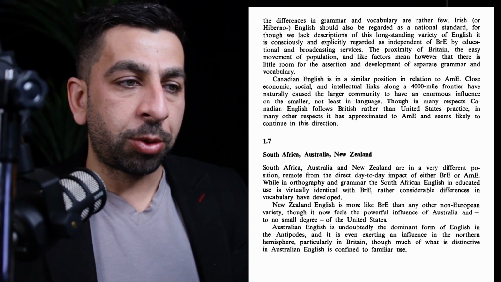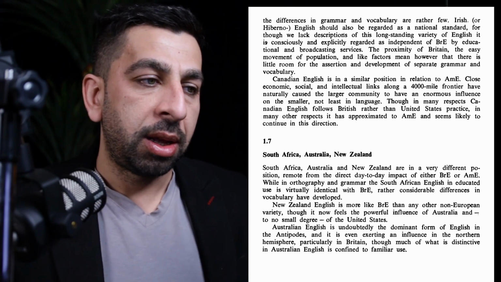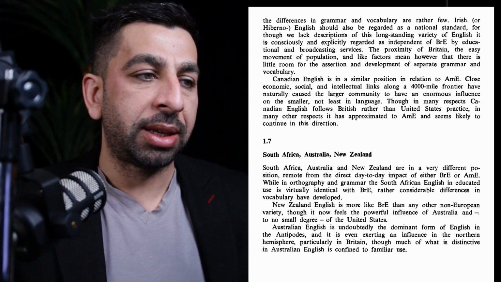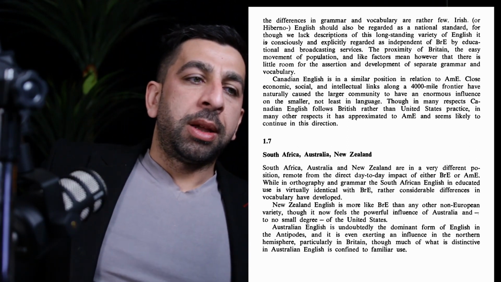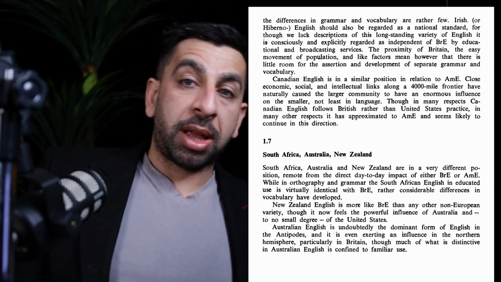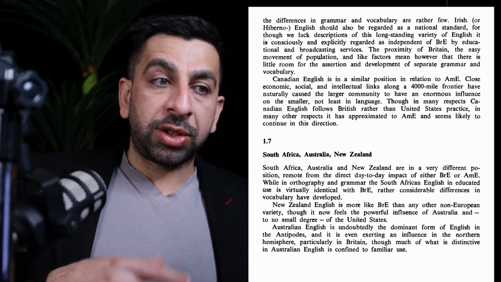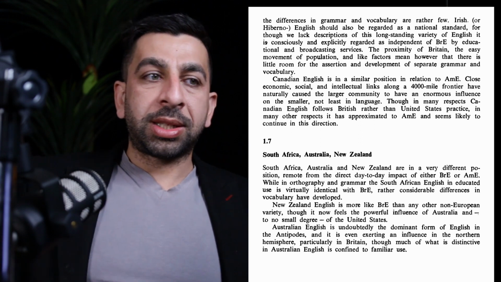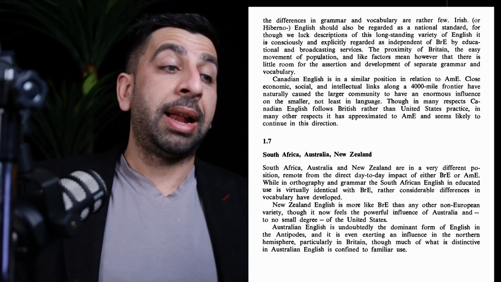New Zealand English is more like British English than any other non-European variety, though it now feels the powerful influence of Australia and to a smaller degree the United States. حقيقة نيوزيلند إذا تلاحظ هو متأثرين بأستراليا، وأستراليا متأثر ببريطانيا، فاكو عوامل مشتركة. لكن حاليا نيوزيلند الجنريشن الجديد مالت نيوزيلند متأثر باليوتيوب، واليوتيوب be quite variety of Englishes إنجليزيات حول العالم، فبالتالي ما نقدر نعمم.